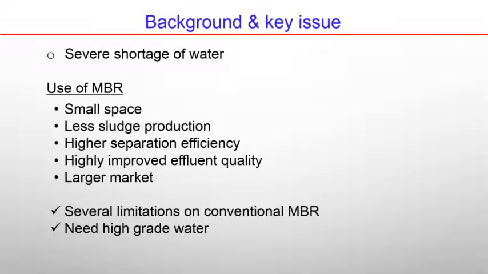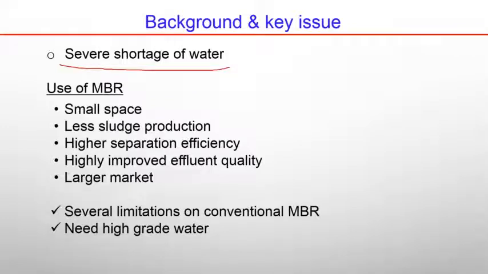As the population grows worldwide, there are problems with severe shortage of water. Also, existing conventional wastewater treatment plants are overloaded and there will be no space available for expansion of existing treatment plants.